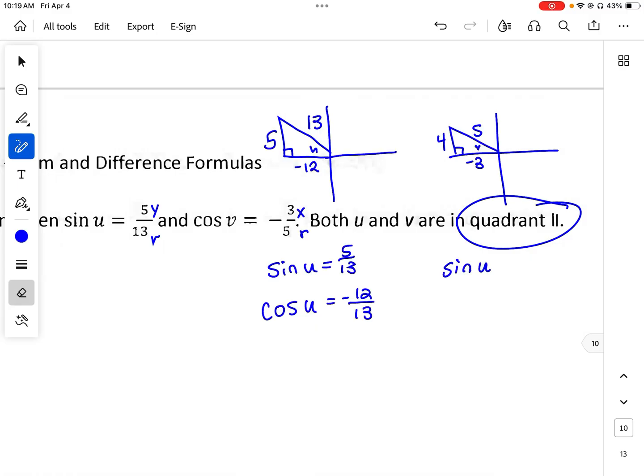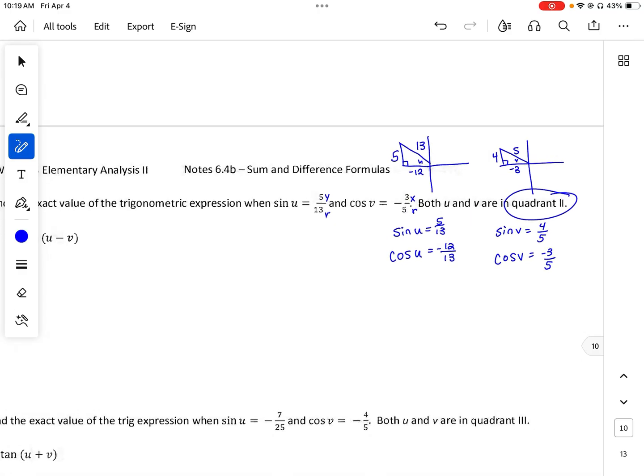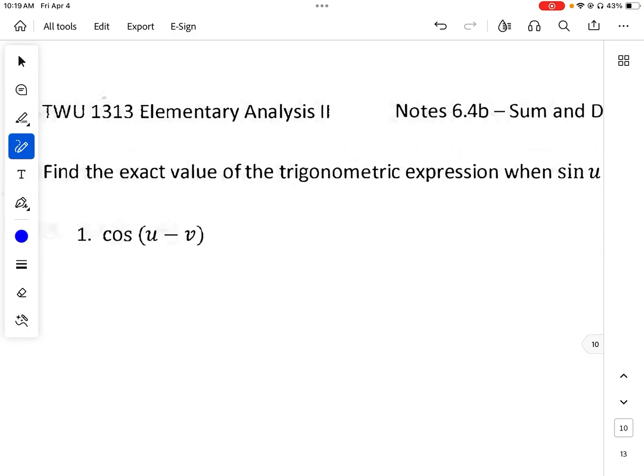Then the other triangle, sine of v this time, is 4 over 5. And cosine of v is negative 3 over 5. All right, so that's going to help us as we solve this.